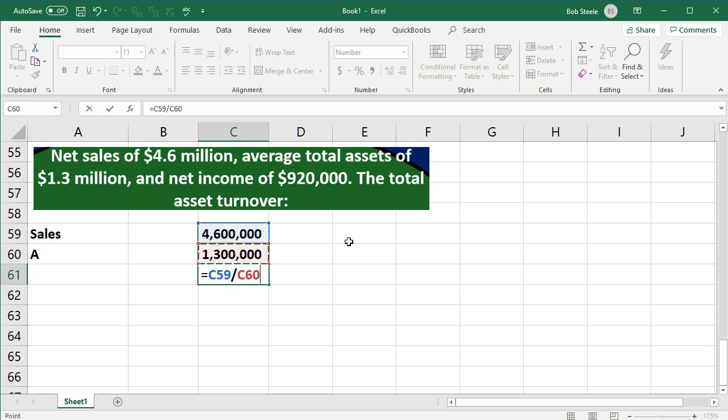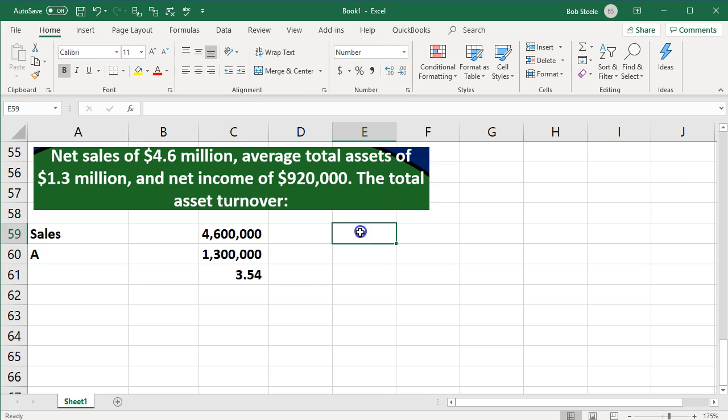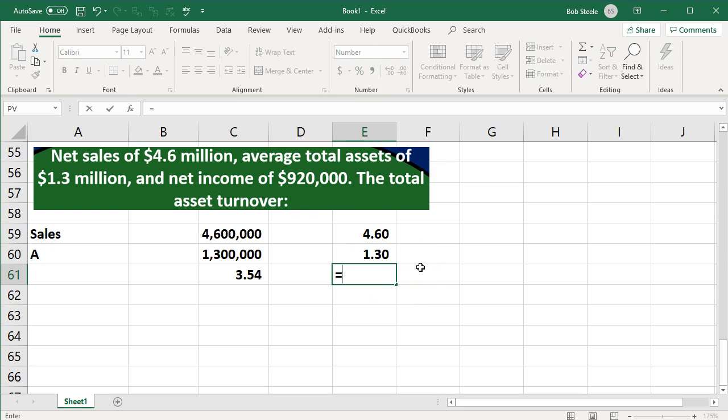4,600,000 divided by 1,300,000, and then determine how many decimals we're going to have in here. Now again, if you were to take, in this case, the 4.6 and the 1.3, because the relationship is the same, and we're using ratios, we could say this divided by this would give us the 3.54 as well.